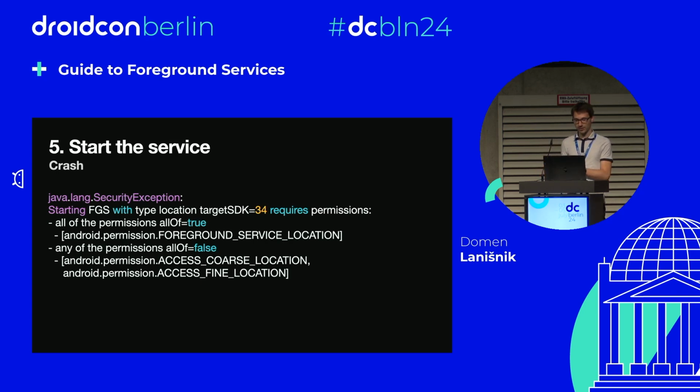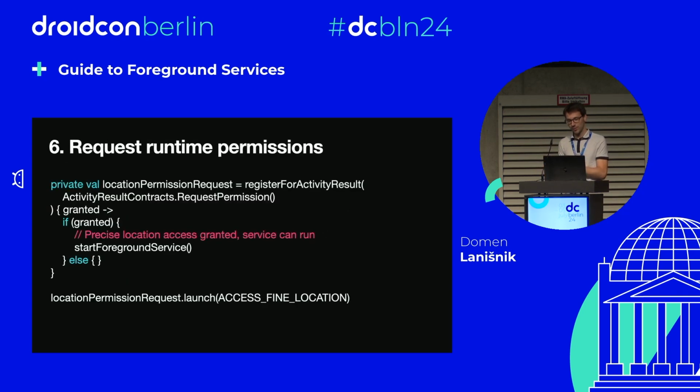So now what we have to do is, before we can start the foreground service, we need to actually ask the user for the runtime permissions. If the user grants us permission to access location, then we can actually start the foreground service. If they don't, then we cannot start it because we will get the previous exception.